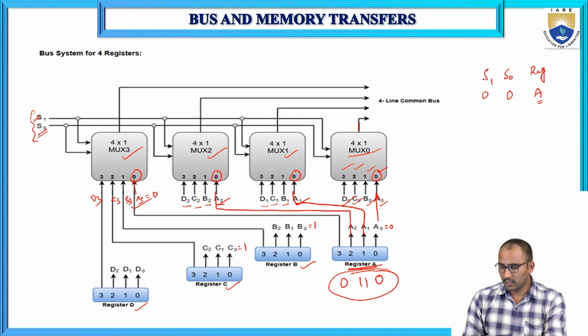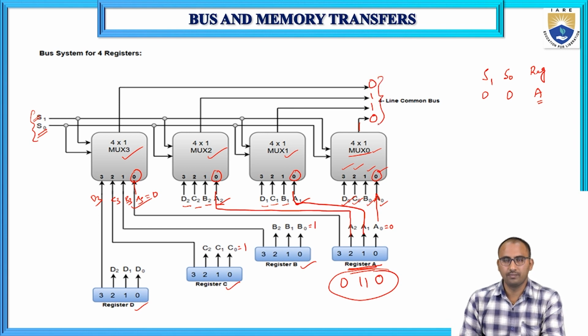So this data or information is transferred to the common bus system through the multiplexers. So finally the output will be 0, 1, 1, 0. So this is the output.